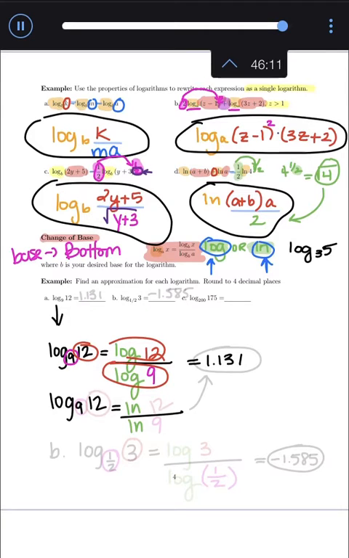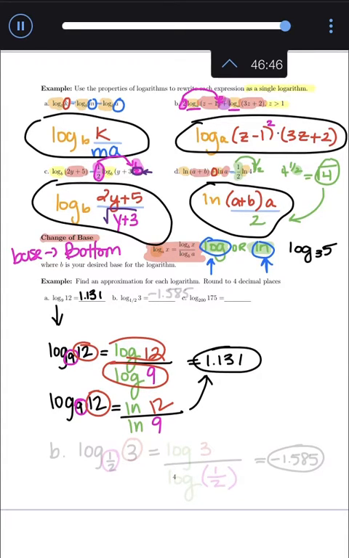You would still be using the base, the 9, on the bottom and the 12 on the top, and you will get the exact same answer, 1.131. So it really does not matter. It's just which one you like better. So we got 1.131. Let's try one last one.